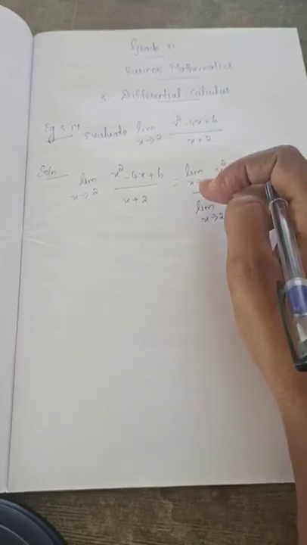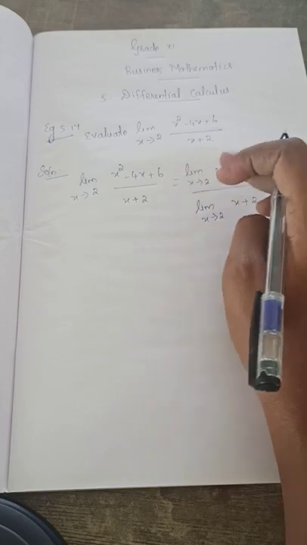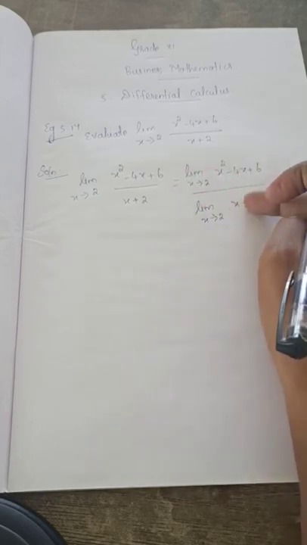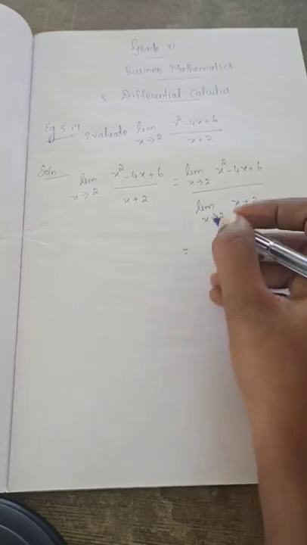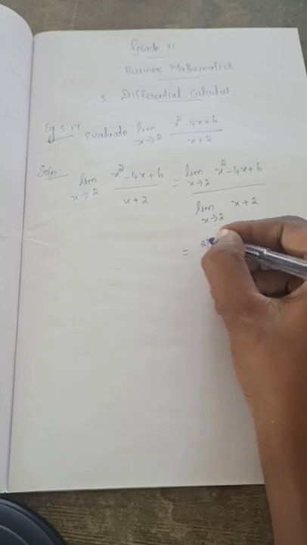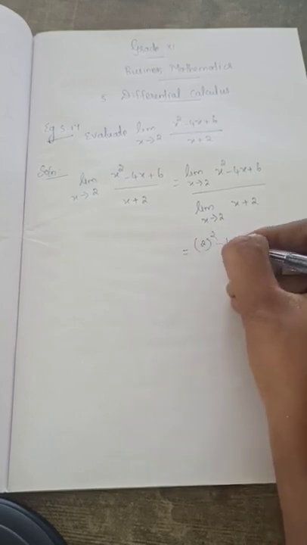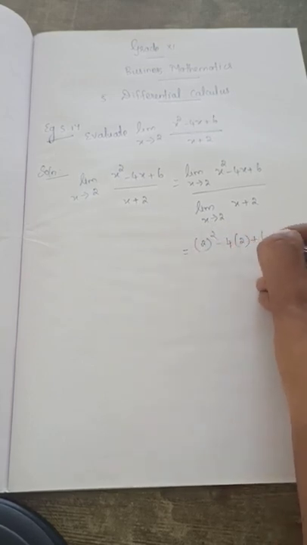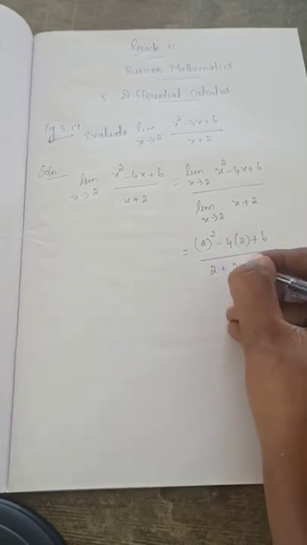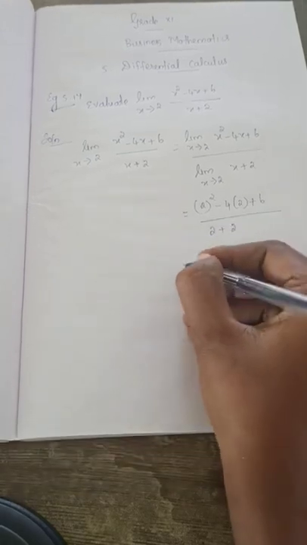What you are going to do: x tends to 2, so in the place of x you substitute 2. So 2 square minus 4 into 2 plus 6 divided by 2 plus 2. So how much will you obtain?